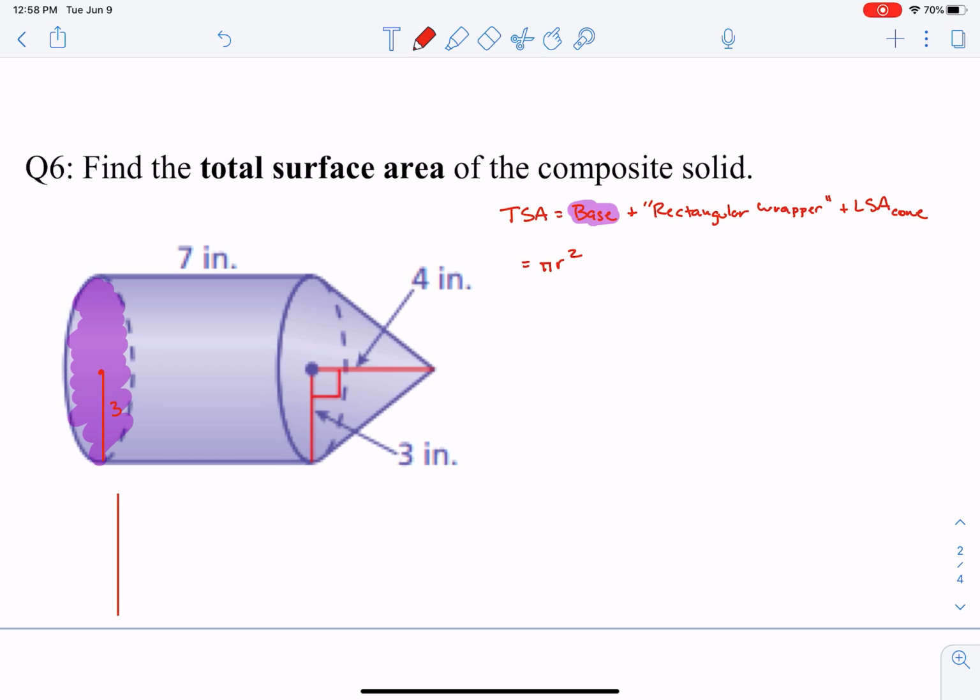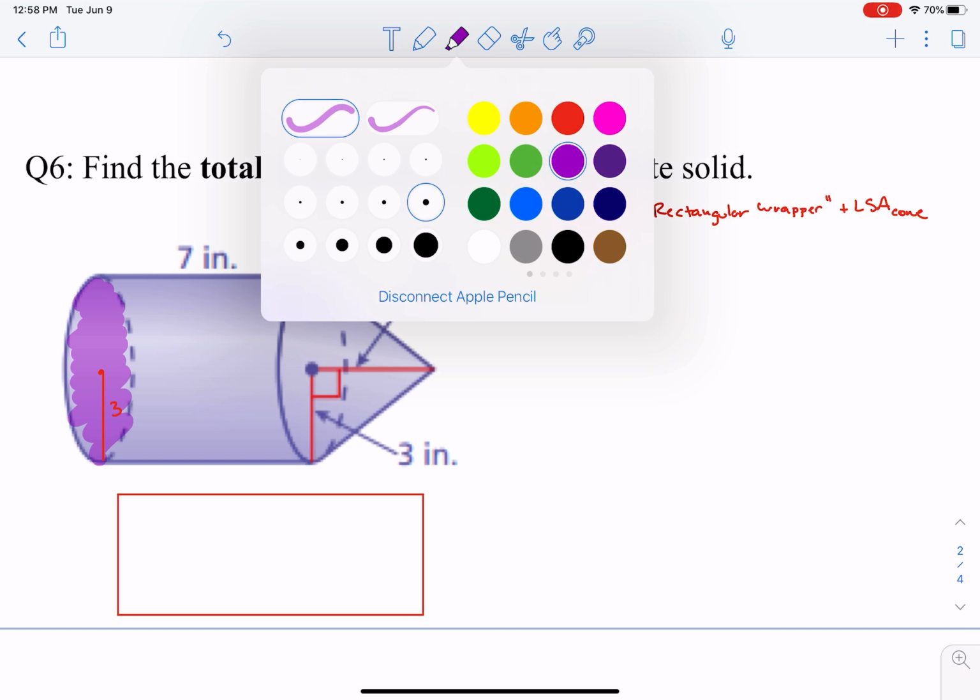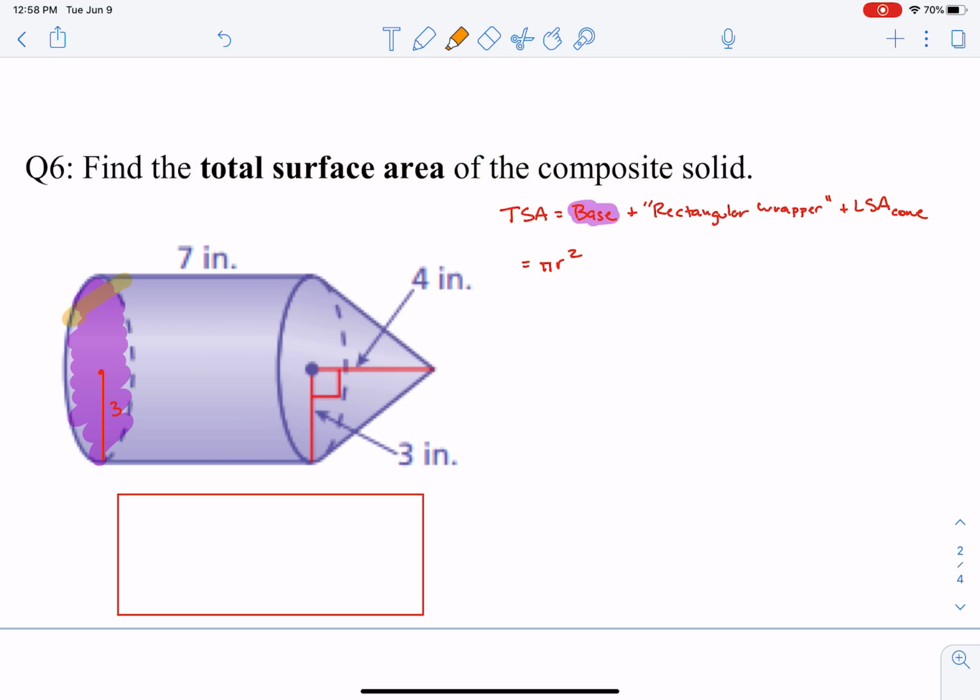Here we've got my rectangular wrapper. So essentially what you've got is a sheet of paper that you're wrapping around in a circle to create that cylinder. I've turned it on its side. Let me use a different color. So now we're talking about this.